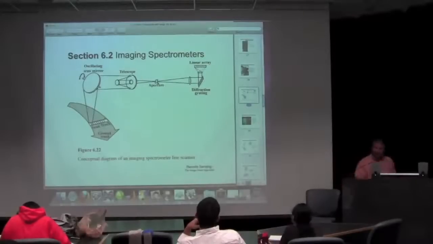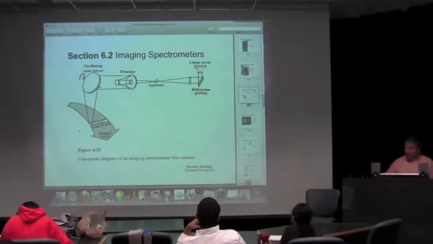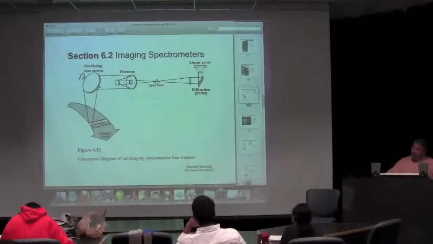Because it's the image of this field stop back through your telescope down off the ground that's going to define your pixel size on the ground that's projected down, so your GIFOV. So that's the critical design feature in your system when it comes to spatial resolution.